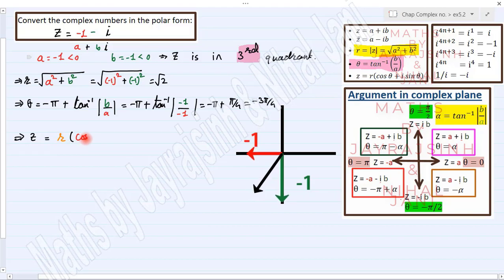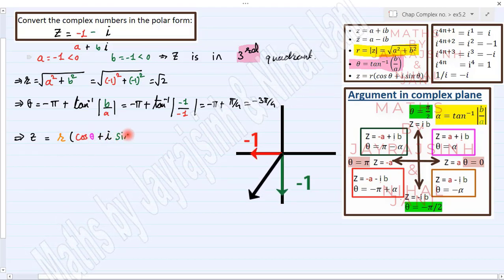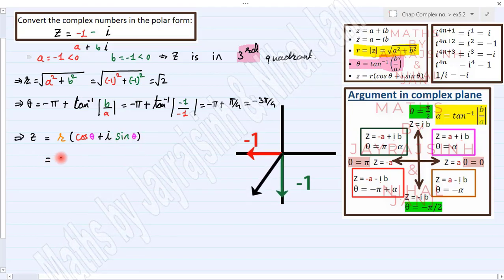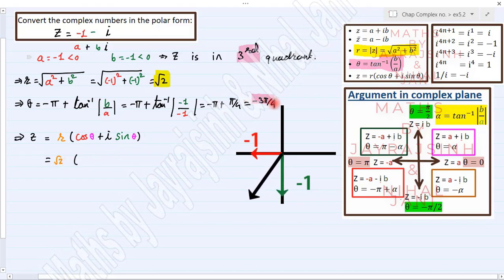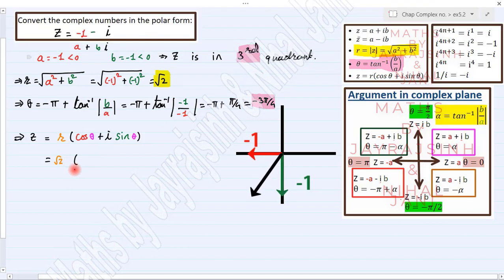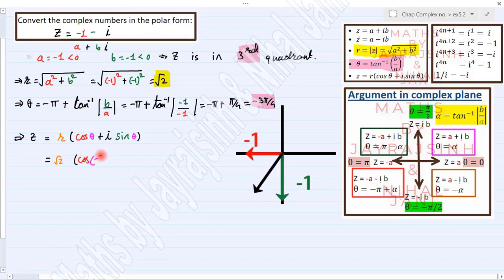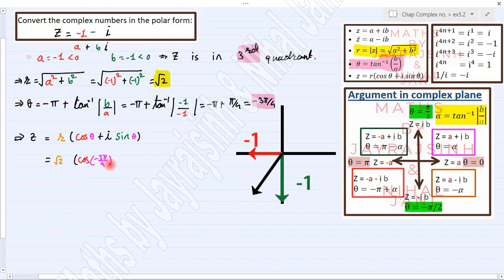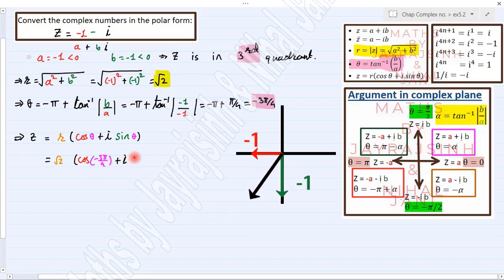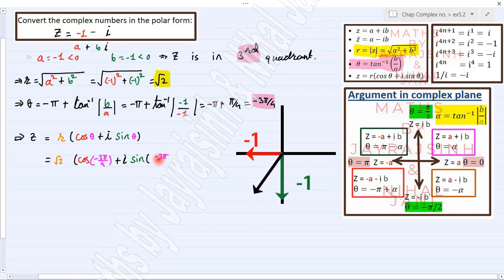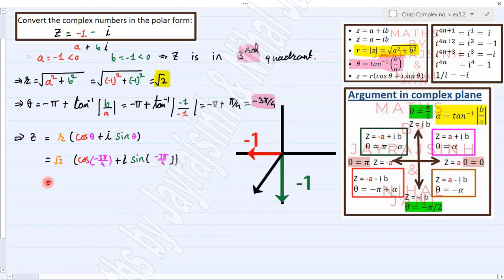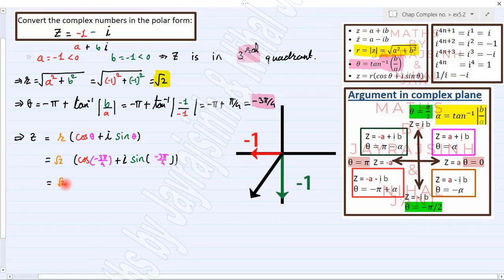z equals r into cos theta plus i sin theta. Just substitute the value. Your r is root 2 and theta is minus 3 pi by 4. So here we'll get cos of minus 3 pi by 4 plus i sin of minus 3 pi by 4, or we can say root 2 times.